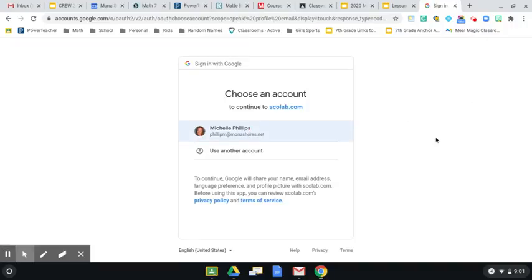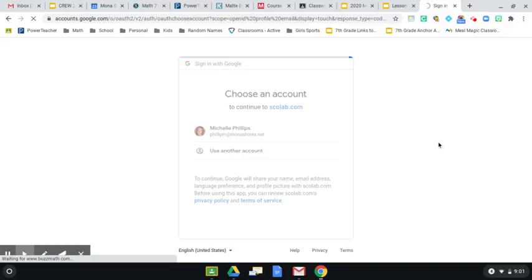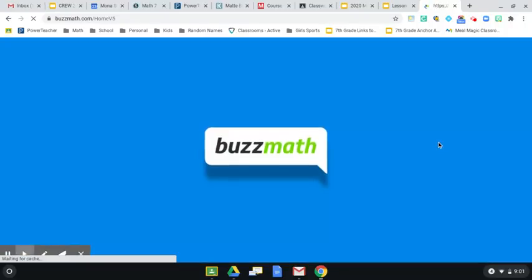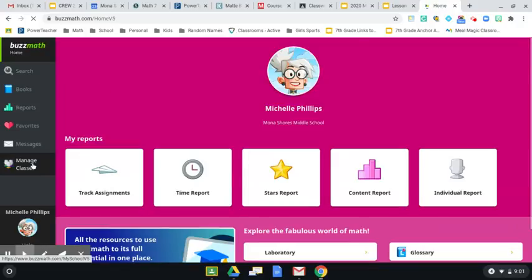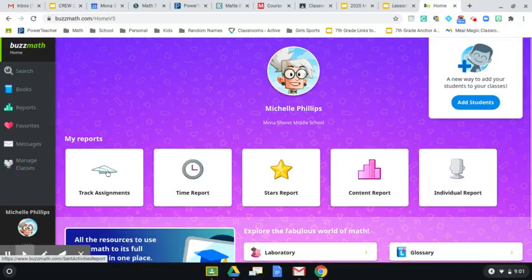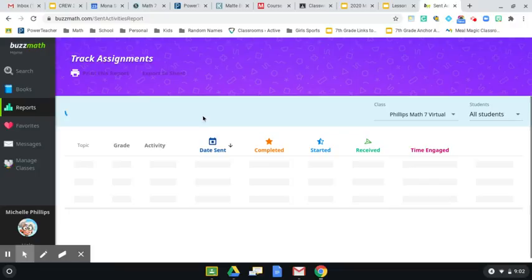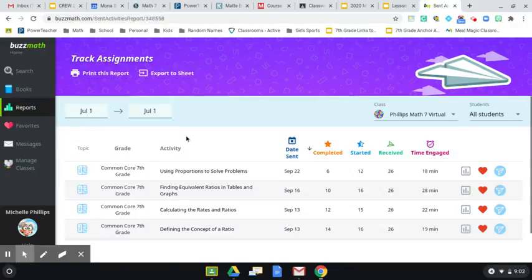I showed you, I believe, a week ago or so, how you get into BuzzMath and how you check for your assignments, so you know what has to get completed. You have that list on your homepage. I can go to track assignments on mine. These are the 4 assignments that you've been given so far for chapter 1. The one I just added is at the very top here.